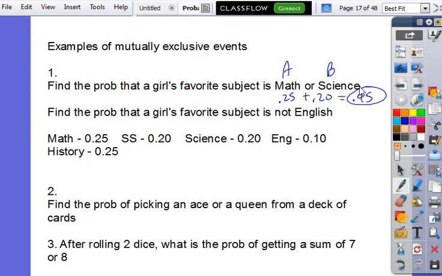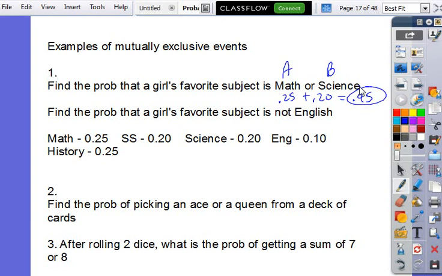Now, most of the time when we do probability, we're going to do fractions, but it can be decimals. But the same rules are going to work. It's got to be between 0 and 1. All right. Find the probability that a girl's favorite subject is not English. Well, if it's not English, that means it is math or social studies or science or history. So in this case, I'm not adding A or B, I'm adding A or B or C or D, just adding them all up.